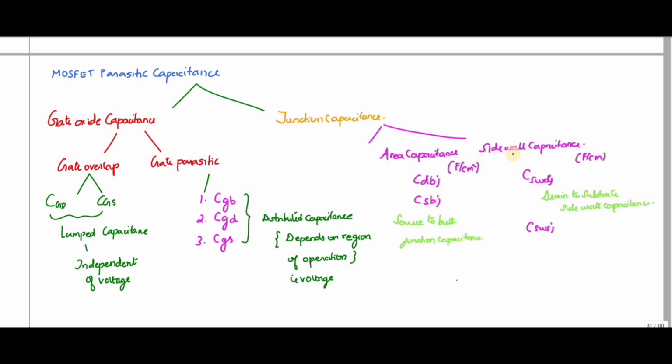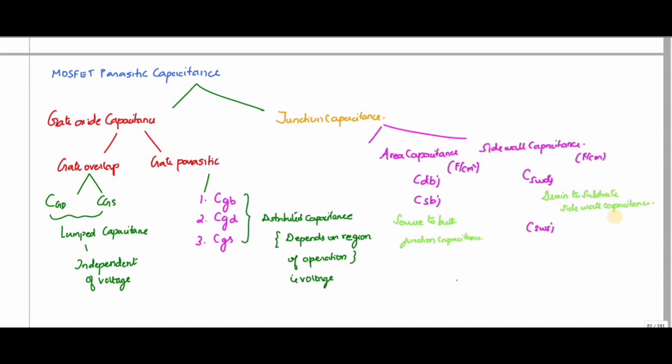Okay. Next one, sidewall capacitance. The unit is farad per centimeter, and it is classified into two types. One is CJSWD and CJSWS. J represents junction capacitance, SW represents sidewall. It is drain to substrate sidewall capacitance, and this represents source to substrate sidewall capacitance. Okay.